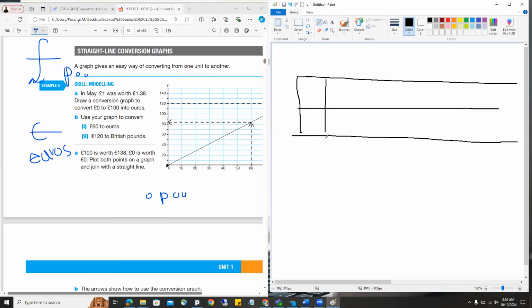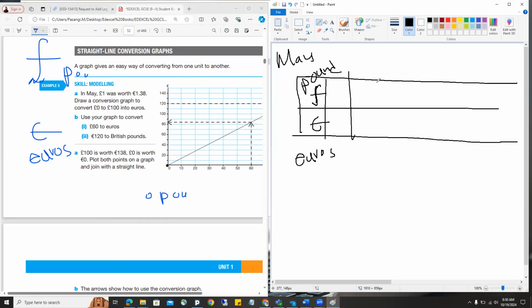Now, we are doing this in the month of May. Here we have the pounds, I'll write it like this, and here we have the euros.